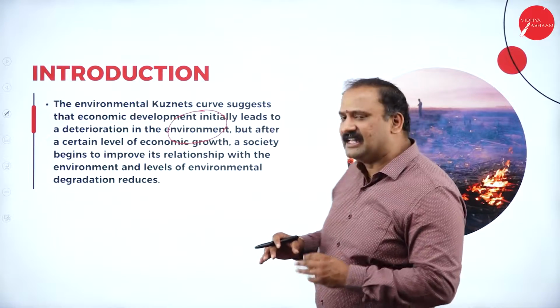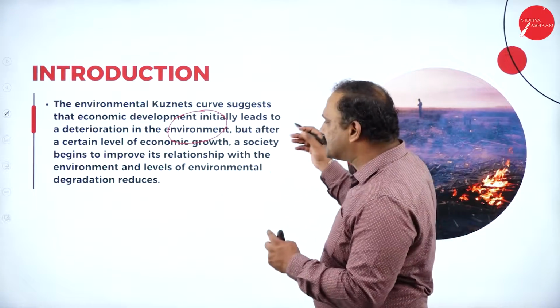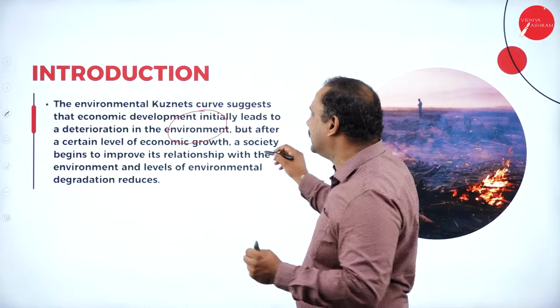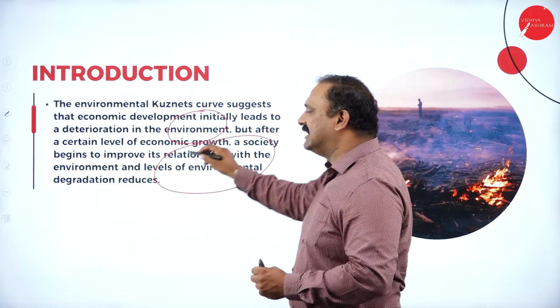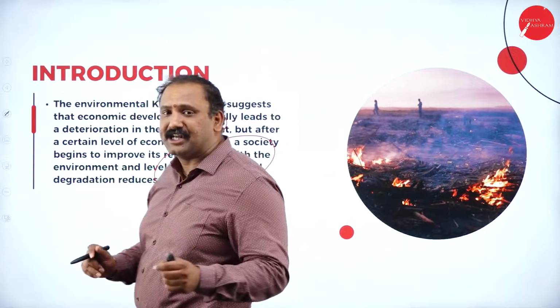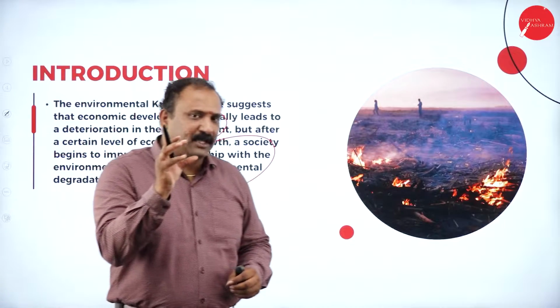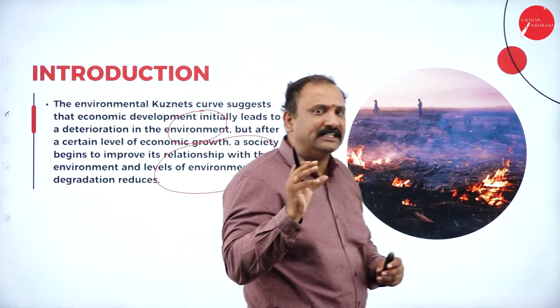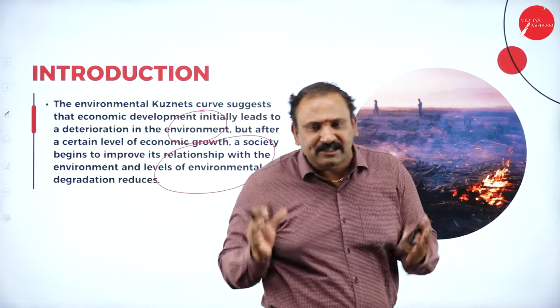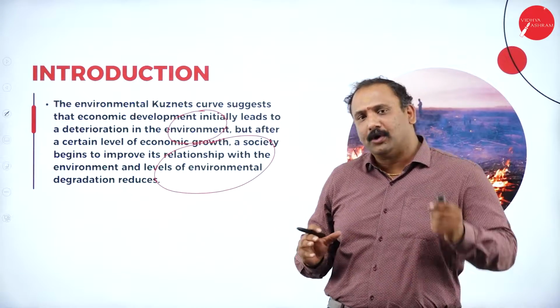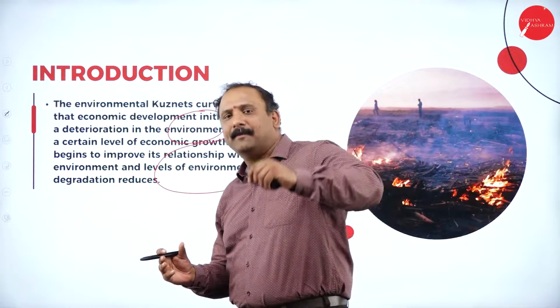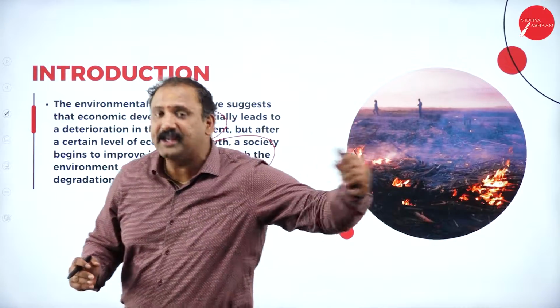But after a certain level of economic growth, a society begins to improve the relationship with the environment and the levels of environment degradation reduce. Now, this is something very important for all of us to understand. Initially, any society in this world would try to make economic development by destroying the environment.